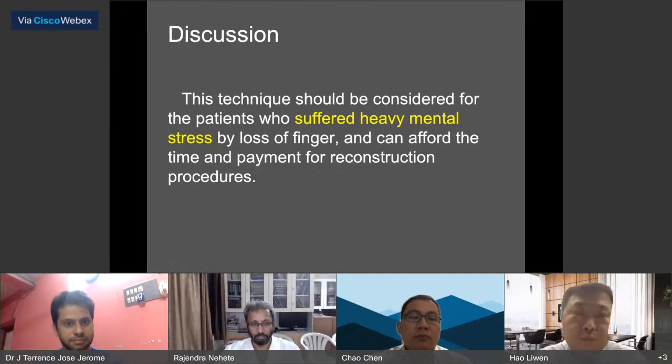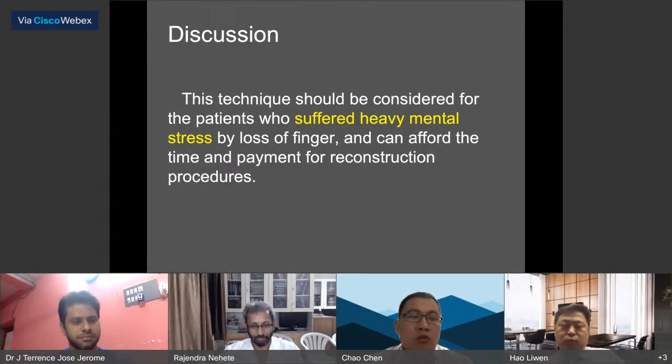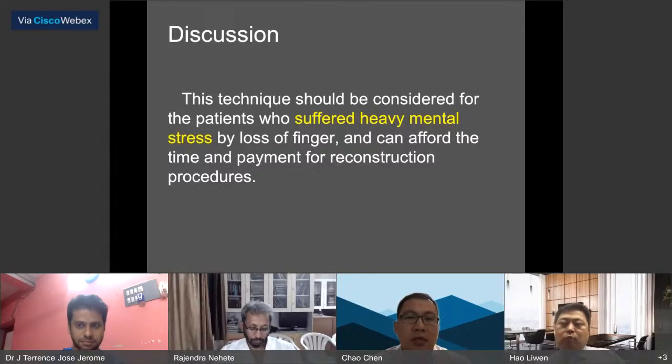And I don't think this technique needs to be widely introduced all over the world, because the technique is demanding, and cultures differ in different countries, and patients have different demands.